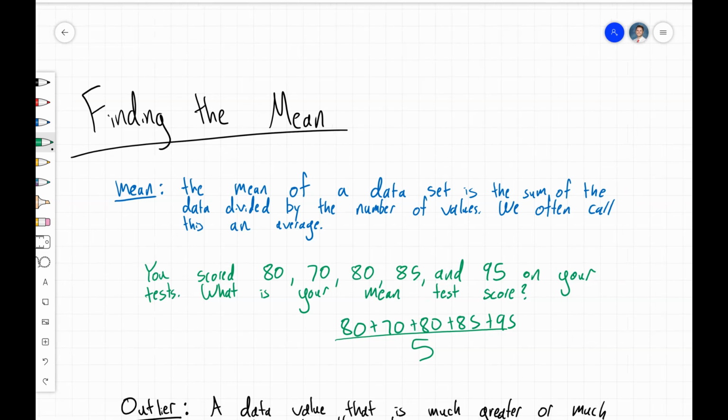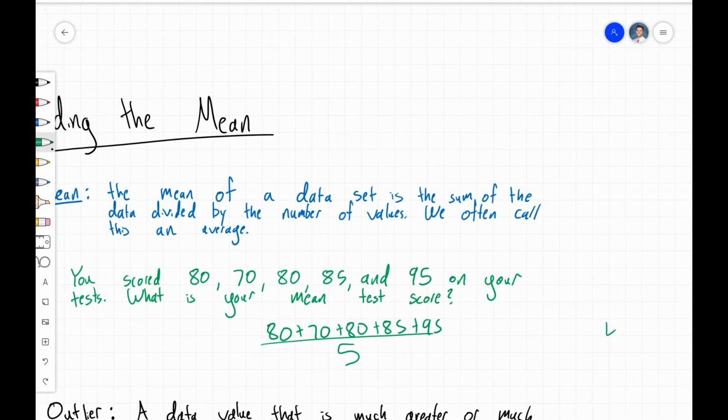Then if we take that and divide by 5, 5 goes into 41 8 times, and 5 goes into 10 2 times. So your average or mean test score was 82.